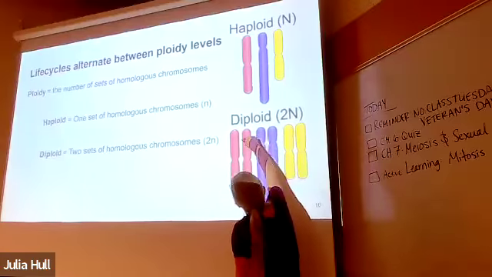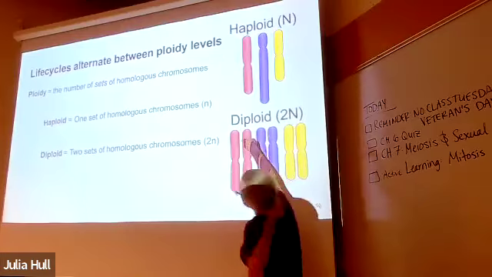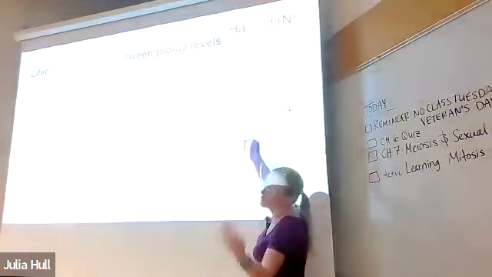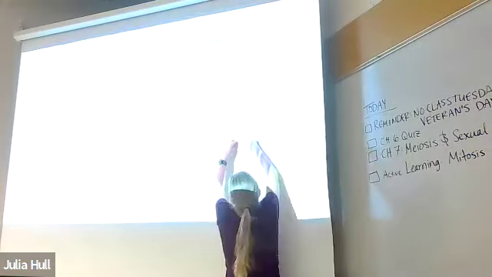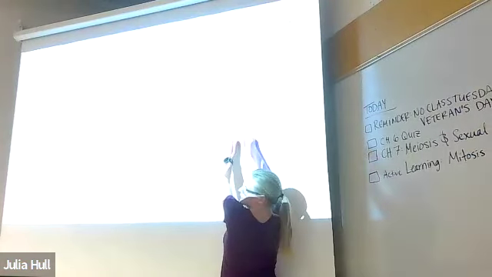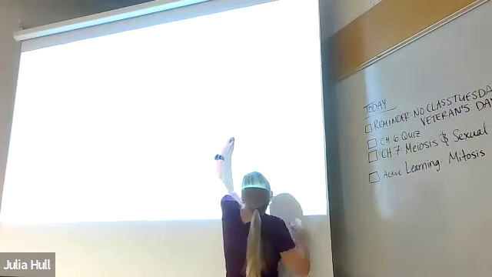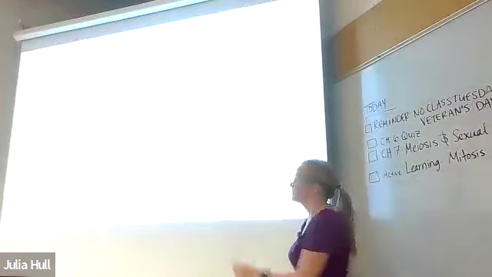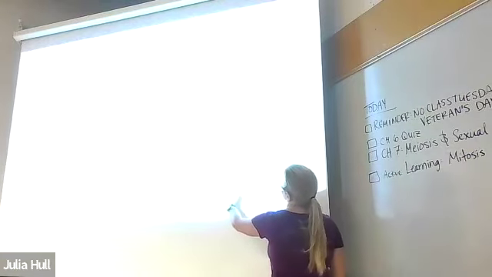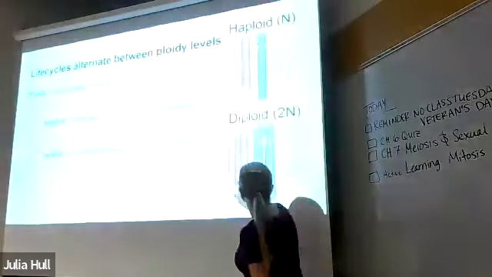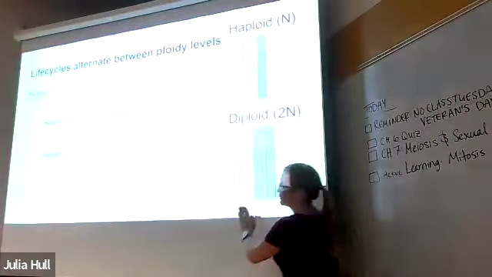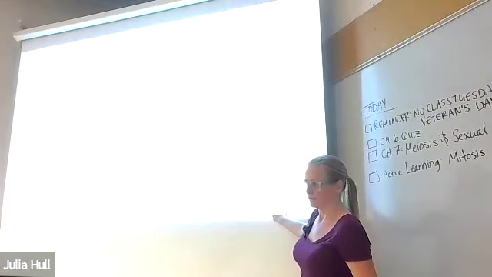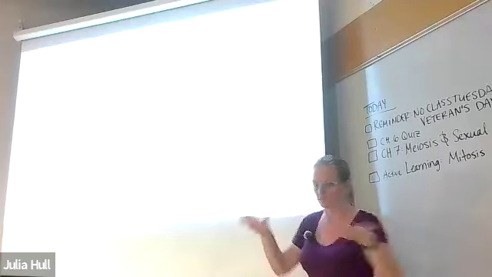Do you have to, on the chromosome from dad, have brown hair? No, you could have blonde hair, right? But you have to have a gene for hair color. If we had a gene for hair color here and a gene for eye color here, those are not homologous chromosomes. Okay. So these are like our chromosome number. Chromosome number 1 we got from mom, chromosome number 1 that we got from dad. Chromosome number 2 that we got from mom, chromosome number 2 that we got from dad. Okay, cool.